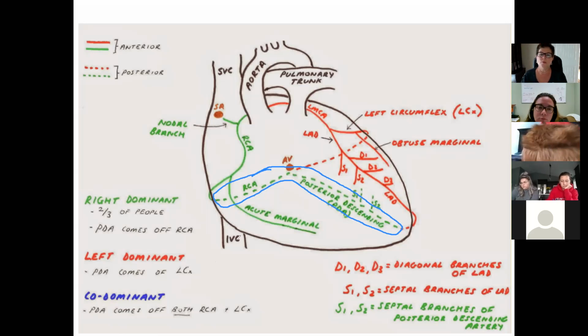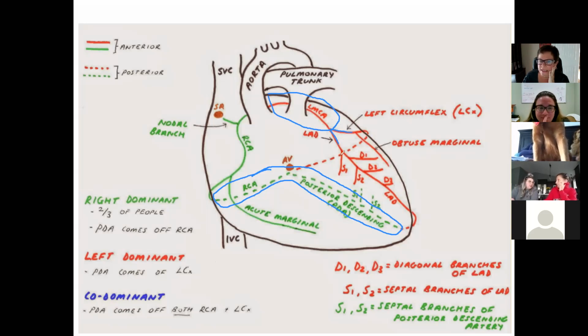And so when we look at this picture, I think maybe I have drawn the left main coronary artery a little bit long. It's usually not that long. And I think anatomically I kind of have it screwed up a bit, but that's all right. It bifurcates into the LAD and the circumflex.